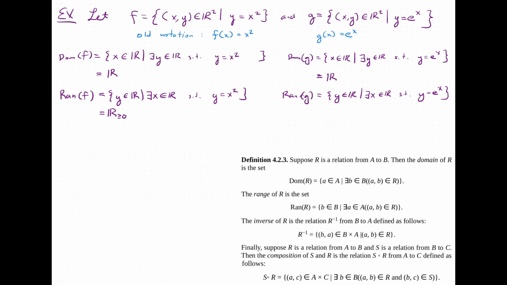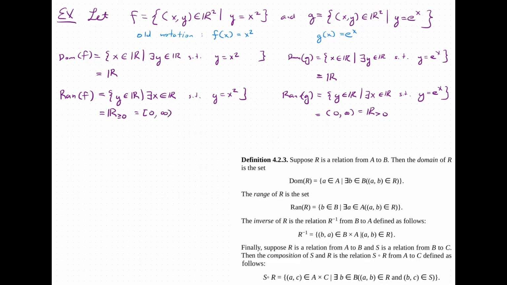So this here will be, in the notation of calculus, the interval from 0 to infinity, or in other words, those real numbers that are greater than 0. Okay, so we have this.